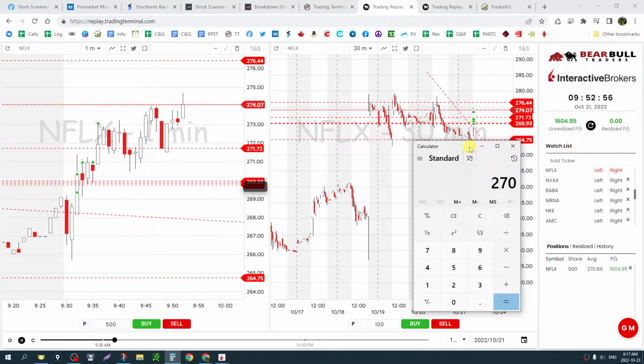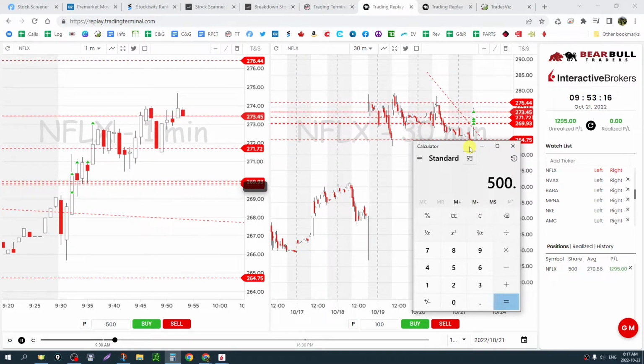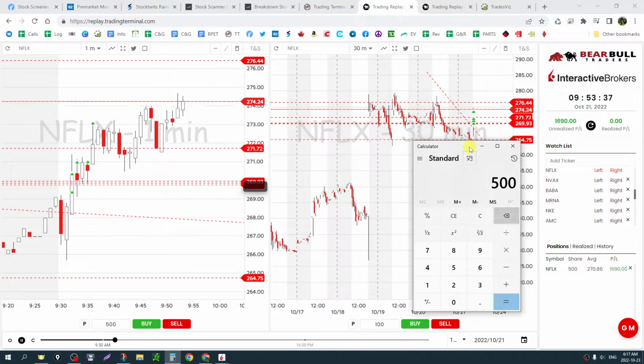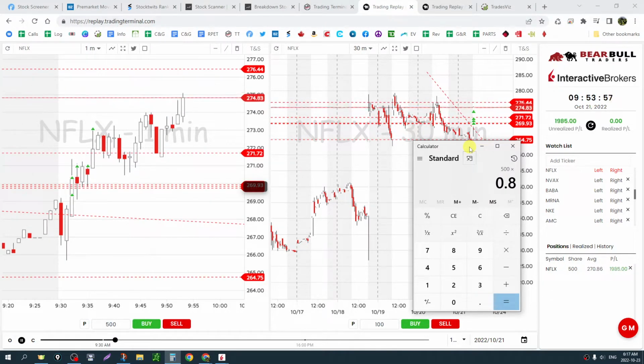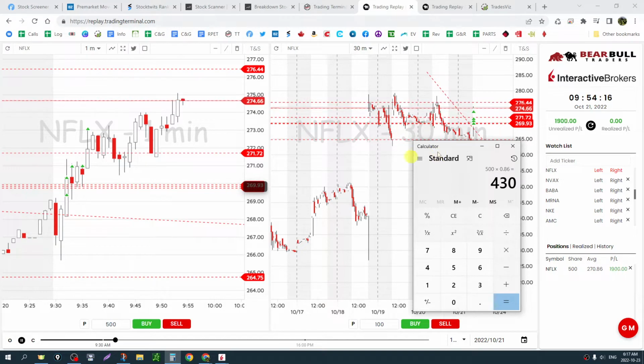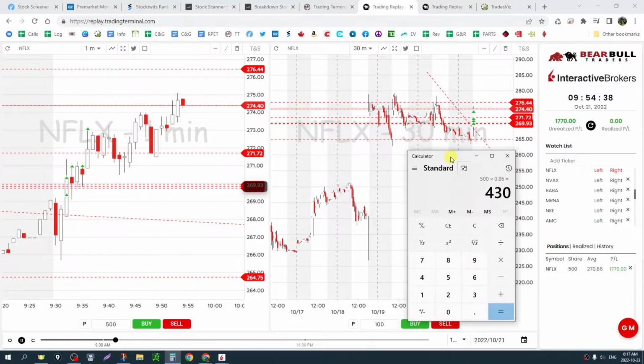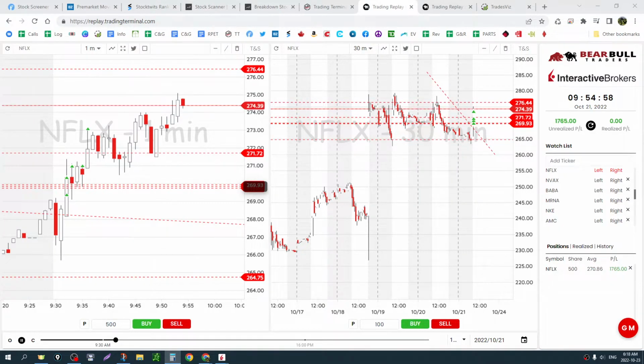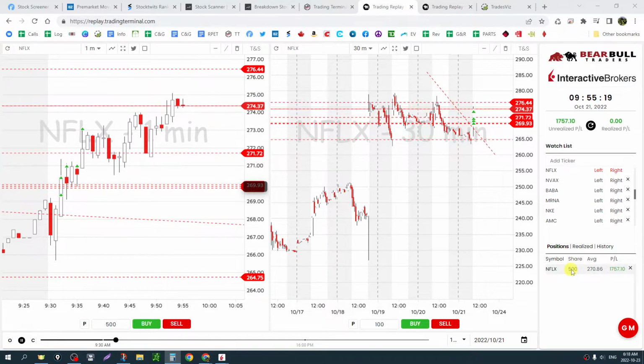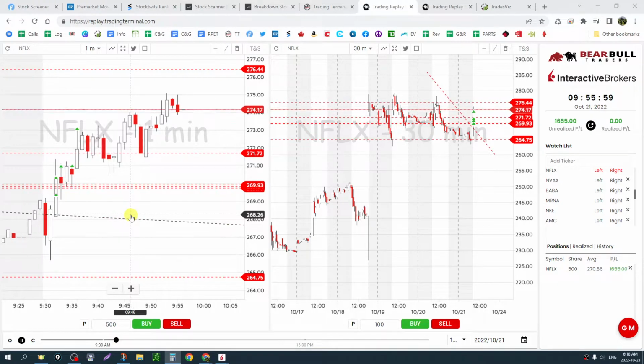Oh, 500. I mean, 500 times 0.86 is $430 loss. Well, obviously that's too much, but it's not too much if you were actually really trading 500 shares and you had that kind of bankroll.